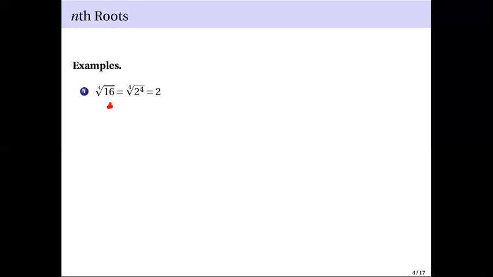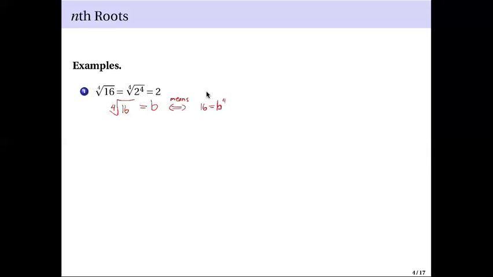According to the definition, the fourth root of 16 is some number b. And this means, let me write for the meantime what this symbol means, that 16 must be equal to b to the 4.